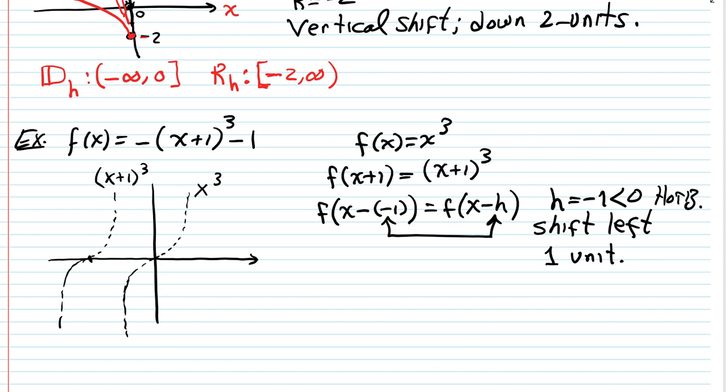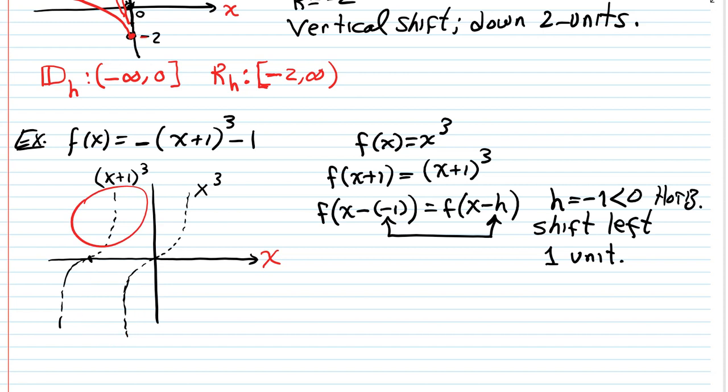Okay, and then what about the negative in front? That's going to be like negative f of x, and a negative in front causes a reflection about the x-axis. So this part of the graph is not going to be down here, correct?